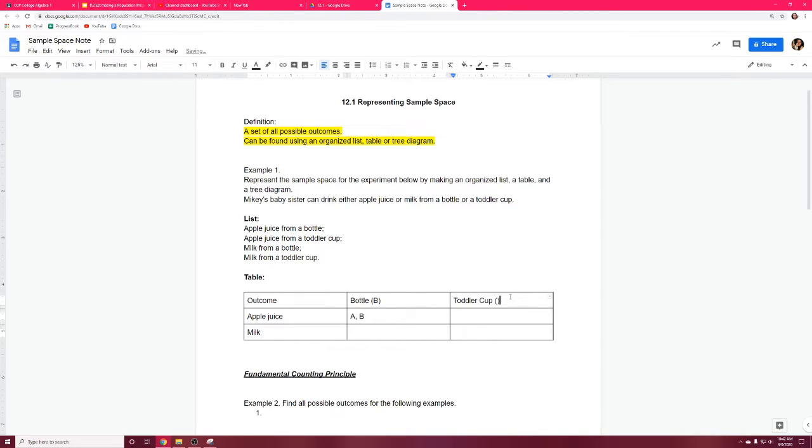B is the bottle, C is the cup, A is apple juice, M is milk. So over here, drinking milk from a bottle will be MB. And over here, apple juice and toddler cup, AC, and milk and toddler cup, MC.